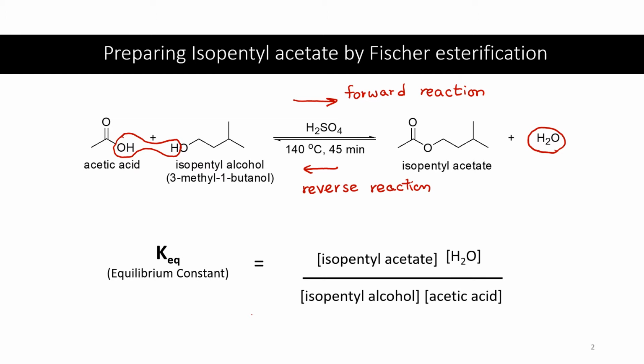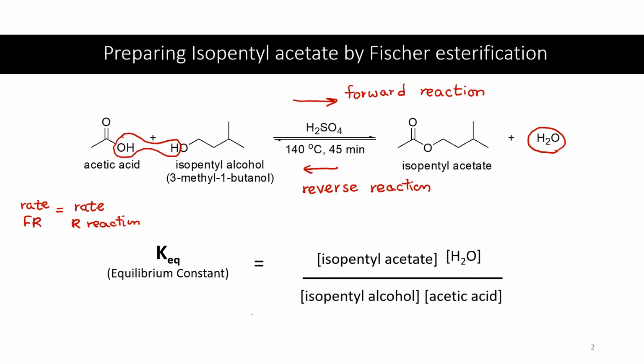These kind of reactions we call reversible reactions, and when the rate of the forward reaction is the same as the rate of the reverse reaction, we say that this reaction has achieved equilibrium.